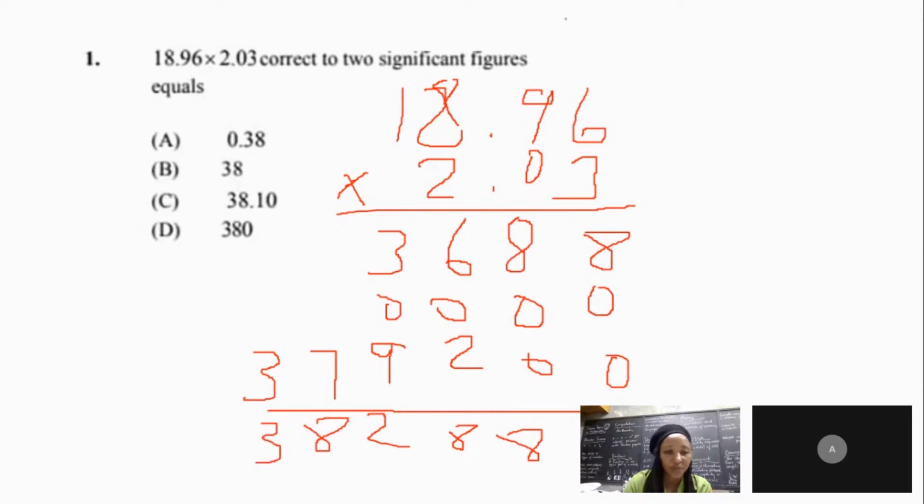And it's 4 decimal places: 1, 2, 3, 4. So correct to 3 significant figures, that would be 1, 2, 3. We're rounding to there, so we're going to add a 1 to the 2. So that's 38.3.